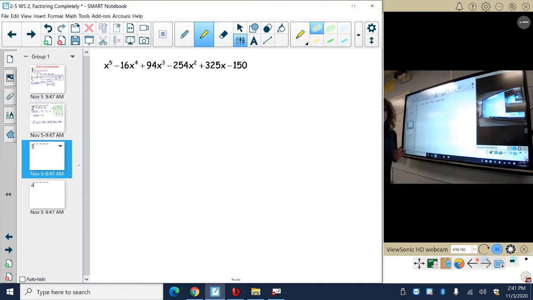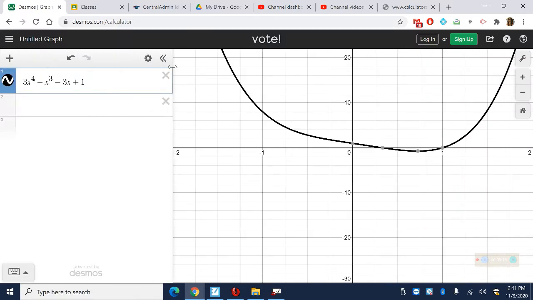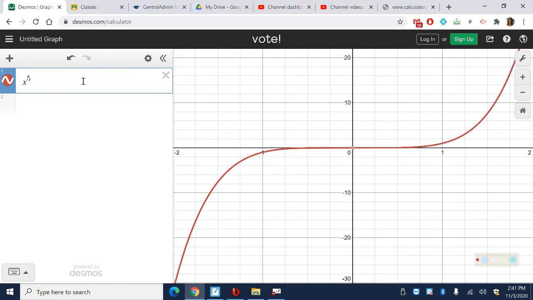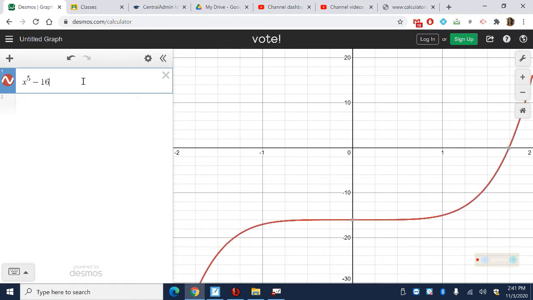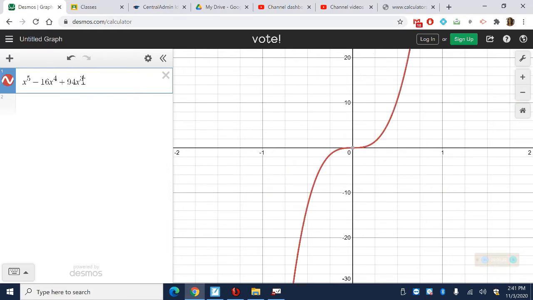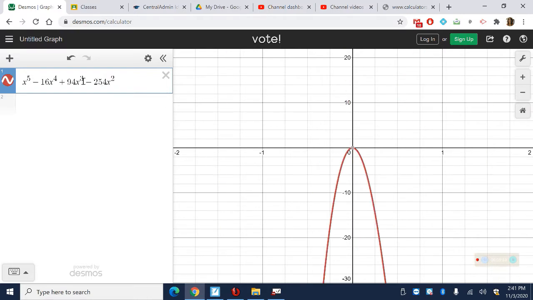So now we're going to graph this thing. I'm going to come back over here to Desmos, and I am going to clear this one out. And this is going to be x raised to the 5th minus 16x raised to the 4th plus 94x raised to the 3rd minus 254x squared plus 325x minus 150.